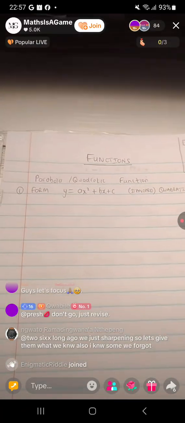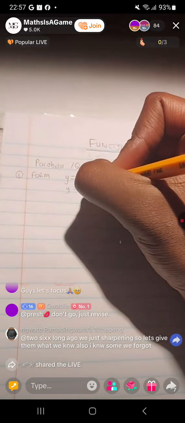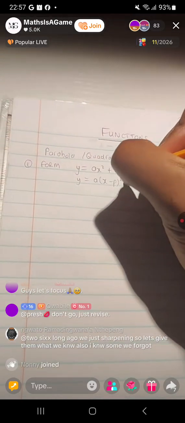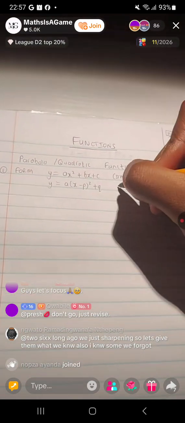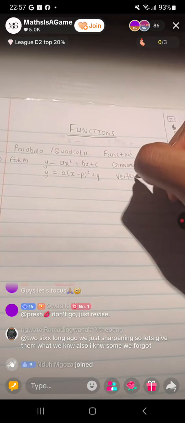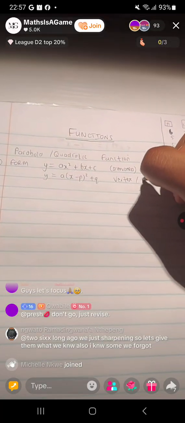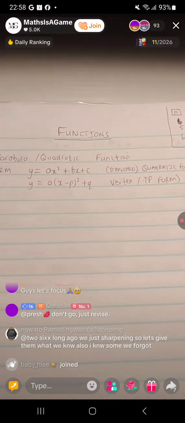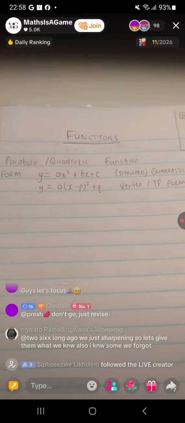Okay, it can also be stated in this way as well. We call this the vertex or the turning point form of the parabola function.